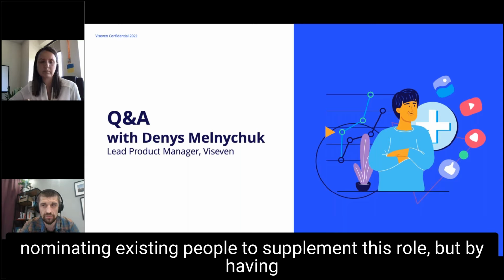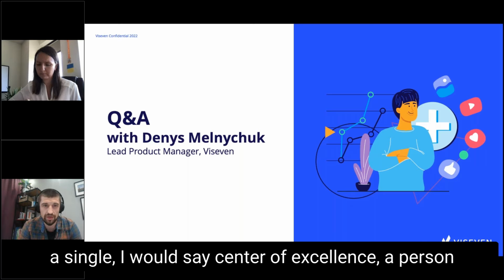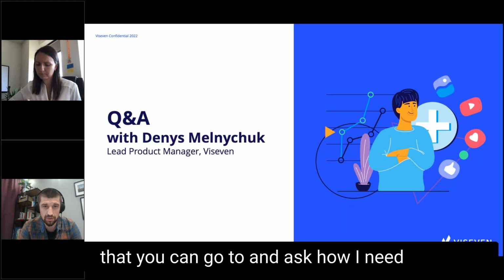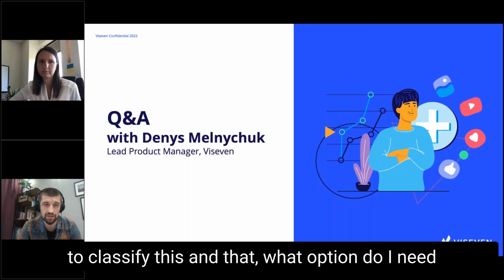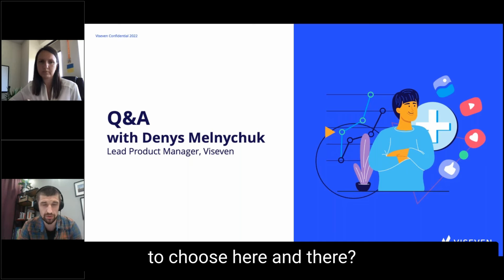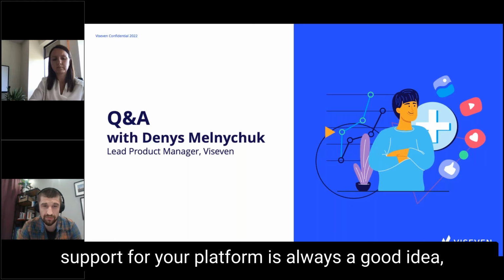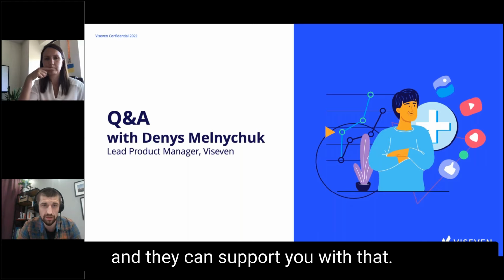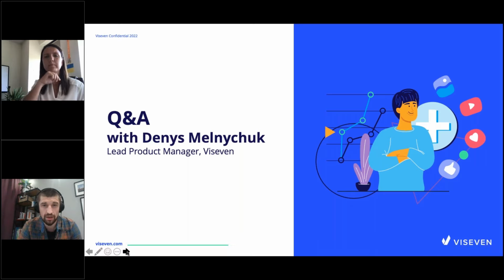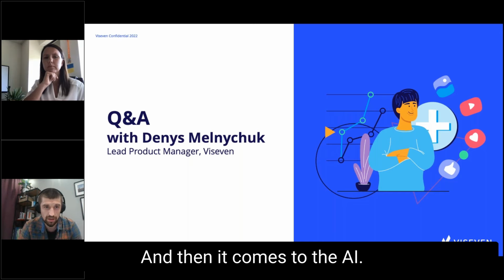By having a single center of excellence, a person that you can go to and ask how I need to classify this and that, what option do I need to choose here and there, and probably incorporating that into tooltips, help and support for your platform, is always a good idea, and they can support you with that. And then it comes to the AI.